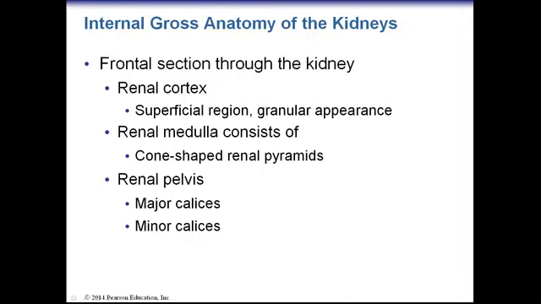So in frontal section through the kidney, we'll see the renal cortex. Remember, the cortex is on the outside. The superficial region, the granular appearance. The renal medulla, that's the inside.